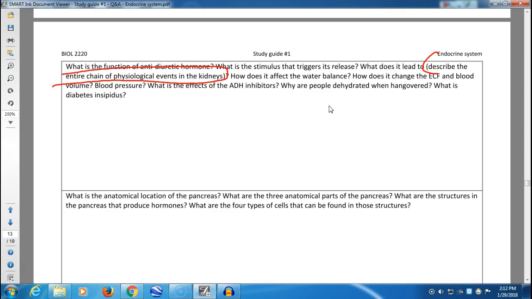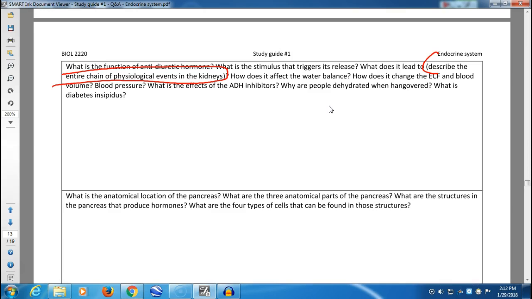So, water retention occurs in the kidneys. When aquaporins are increased in the kidneys, they retain more water. Did I answer your question?